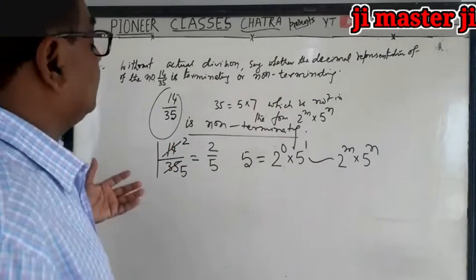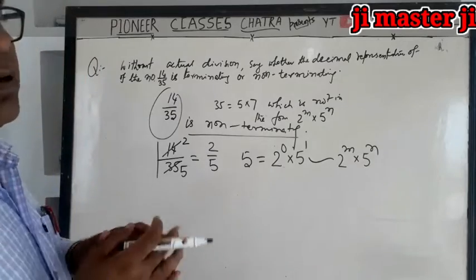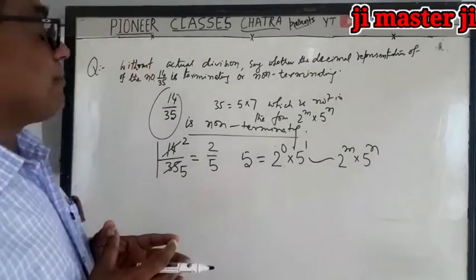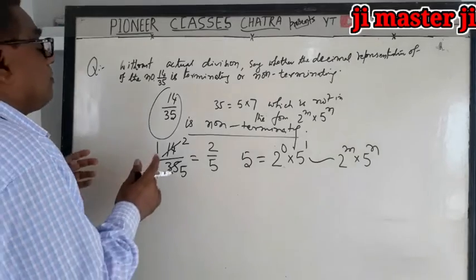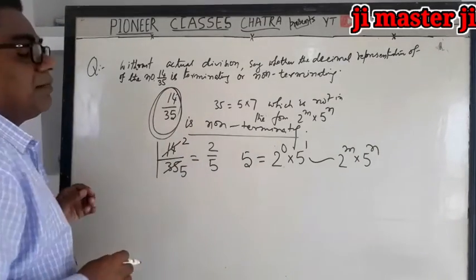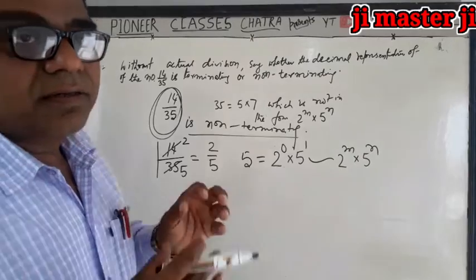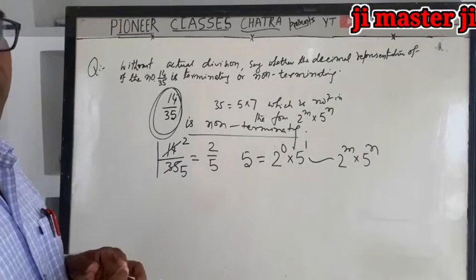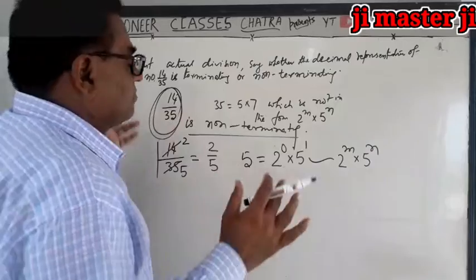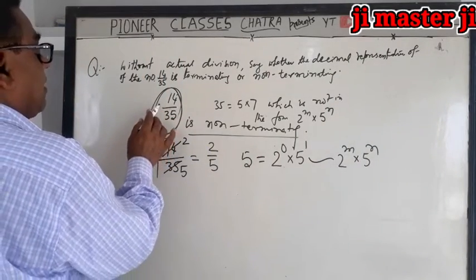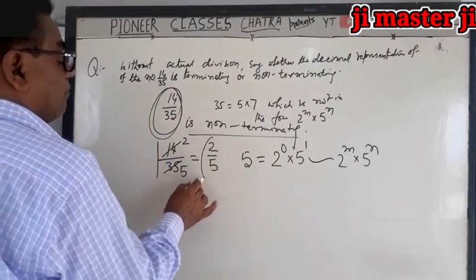We should take some precaution to solve this type of problem. First of all, we make the given number into its shortest form, in its lowest terms. So the lowest term of 14 by 35 is 2 by 5.